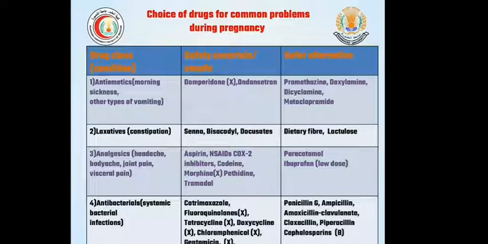This table showed some drugs which are examples of the FDA pregnancy risk categories. The class 1 are the antiemetic drugs which are commonly used during pregnancy for treatment of nausea and vomiting of pregnancy or morning sickness of pregnancy.